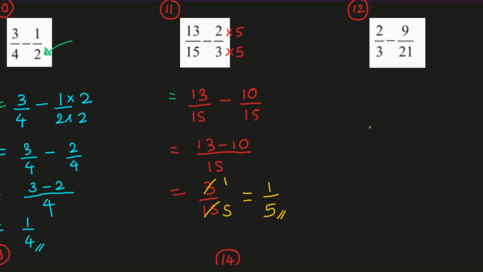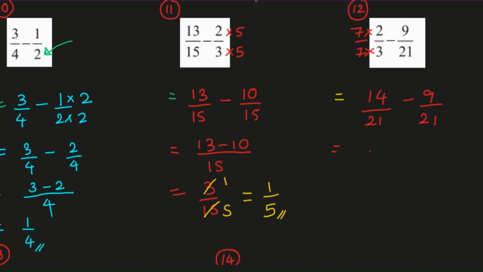Okay, now let's move on to the next question. 2 upon 3 minus 9 upon 21, right? Okay, you can see that 3 can be easily converted into 21 by multiplying both its numerator and the denominator by 7. So 7 into 2, it's 14. 7 into 3, it's 21, minus 9 upon 21.